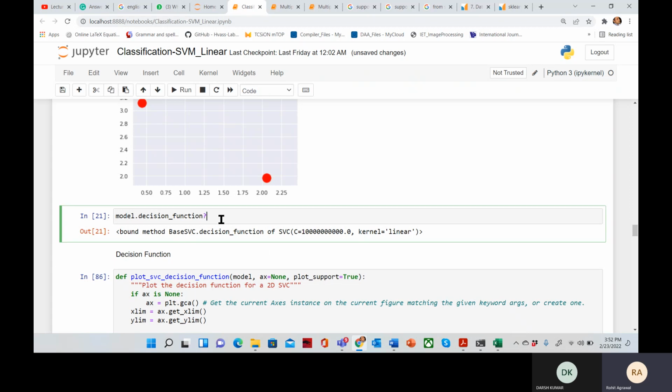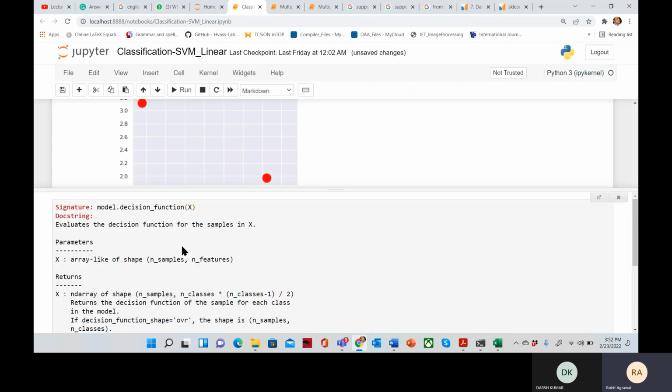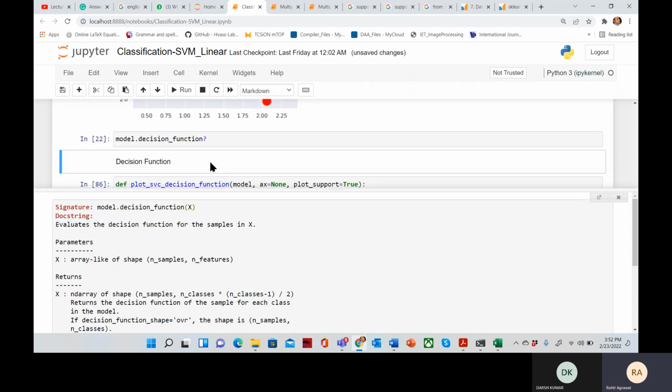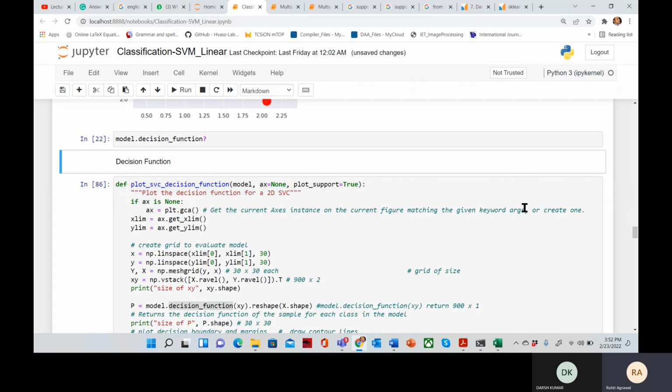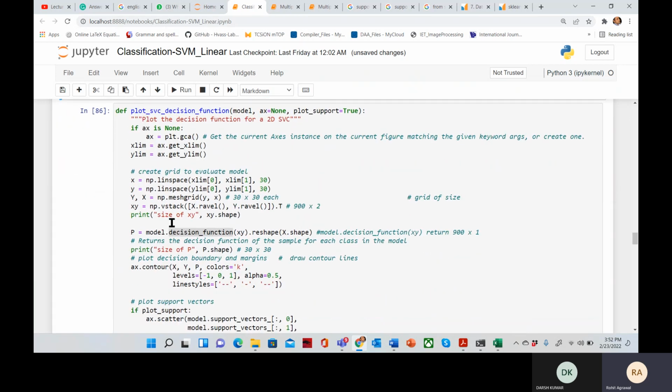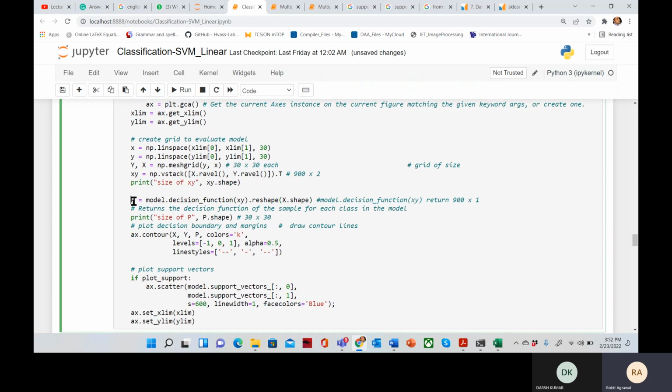Question mark, and see: evaluate the decision function for the sample x. What is x? An array-like, it is just an array. So we are just plotting the decision function. We need to pass this value, and we reshaped it into the grid size. So this is our decision function.